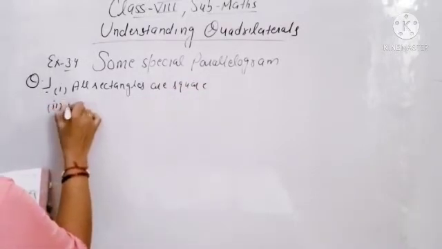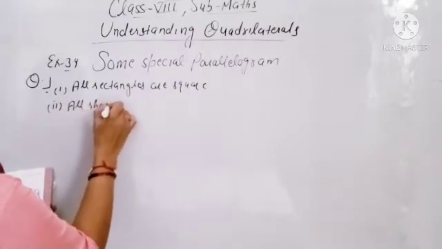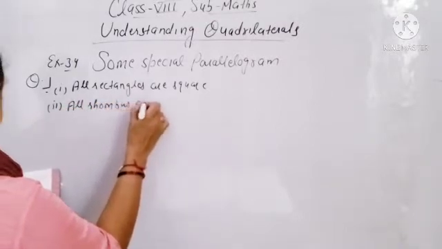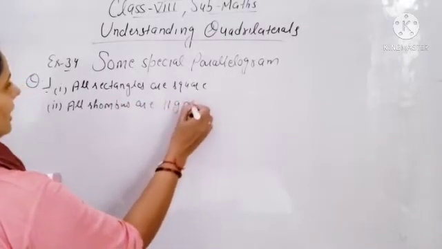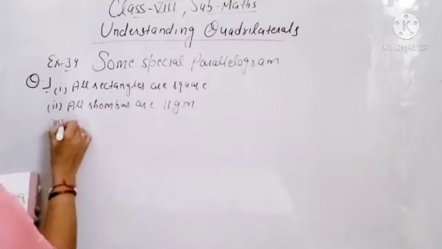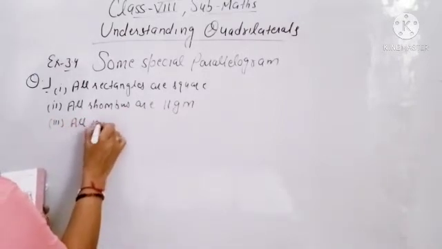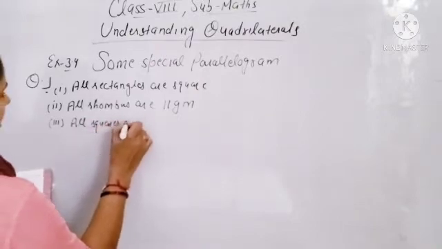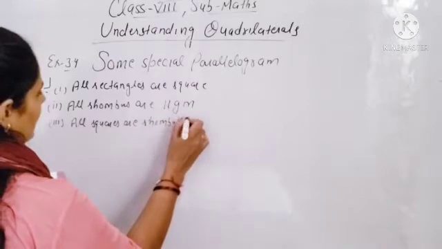Second, all rhombus are parallelograms. I am writing parallelogram in short form. Third one, all squares are rhombus and rectangle.